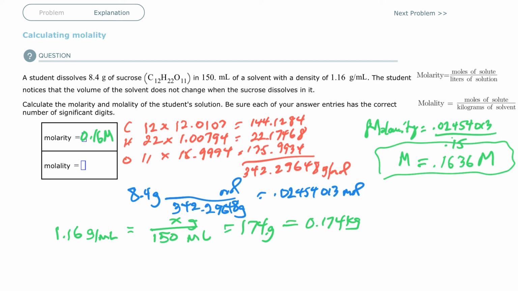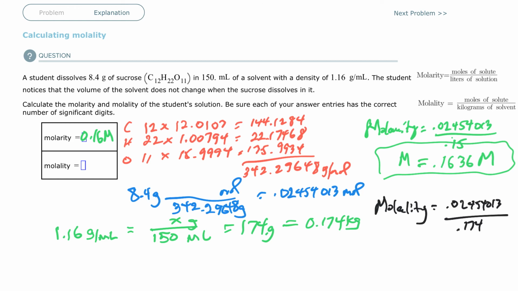So I'm going to do it again. Let me change colors because I like changing colors. So I'm going to have molality equals the same number on top, 0.0245413 over kilograms of solvent, which is 0.174 kilograms.